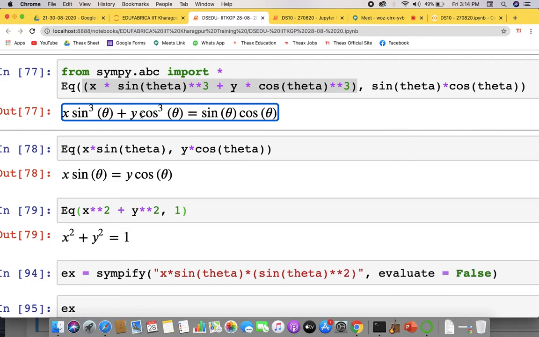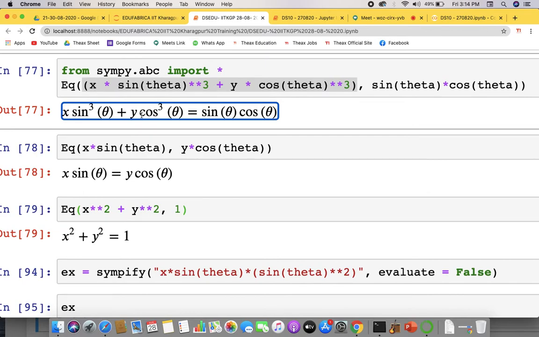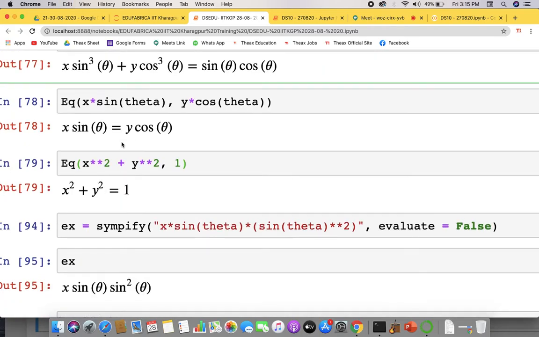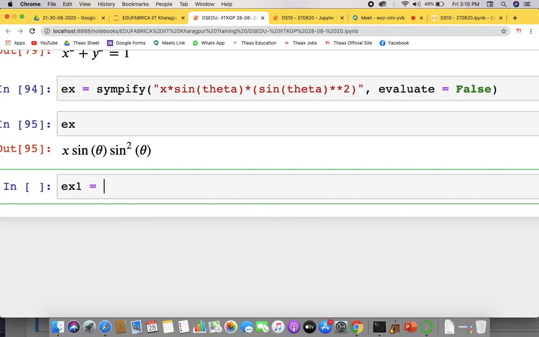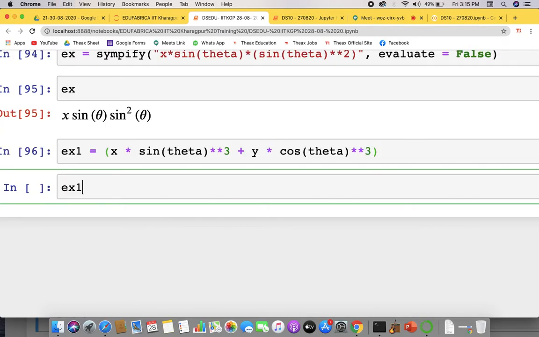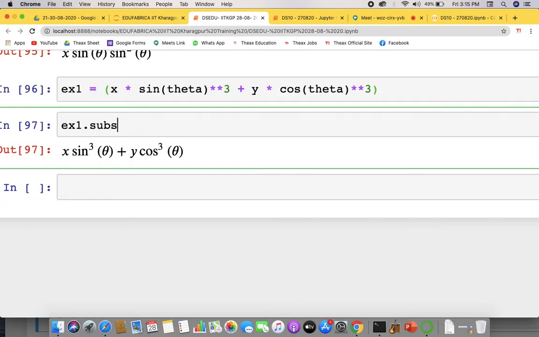If this is the equation, substituting the value of sine theta by y cos theta, are we going to get any results?